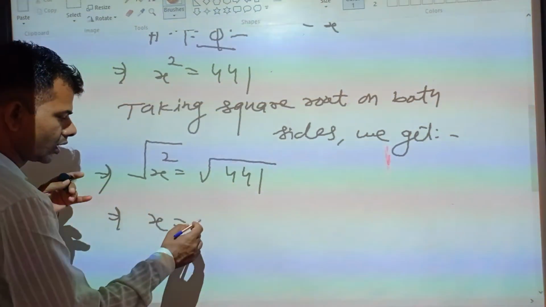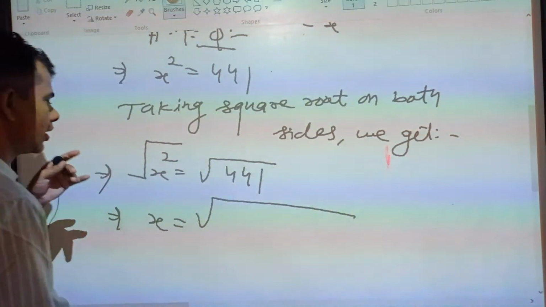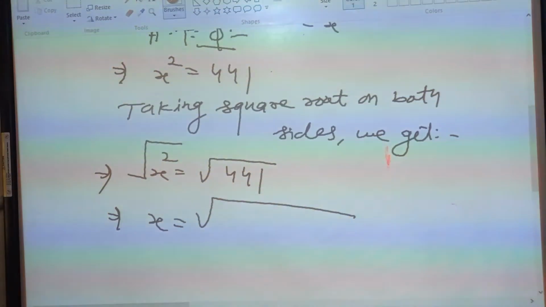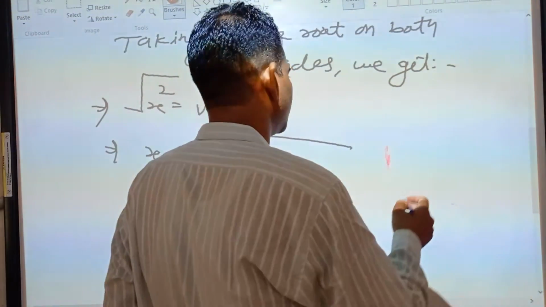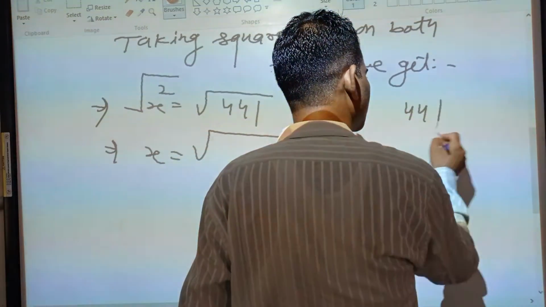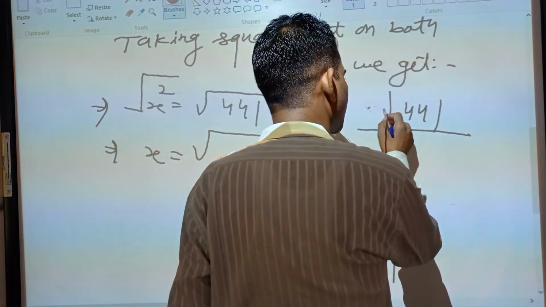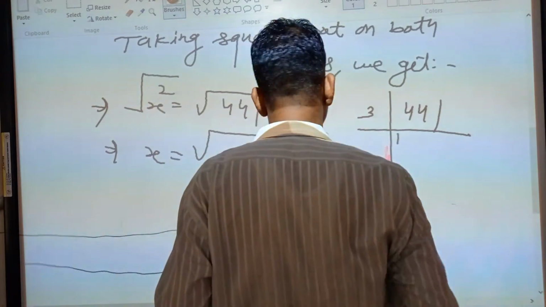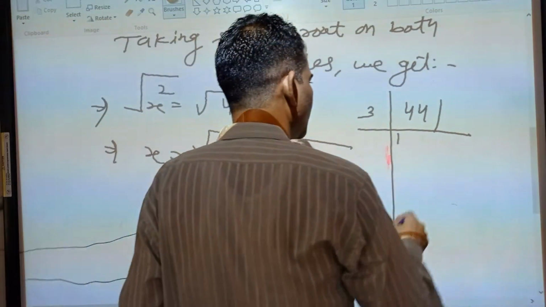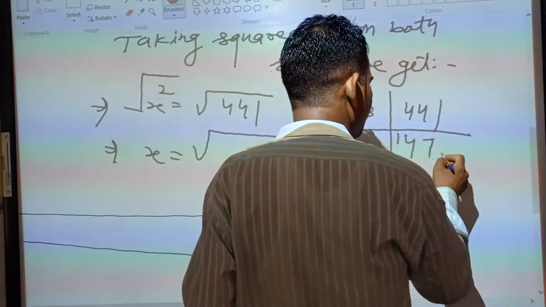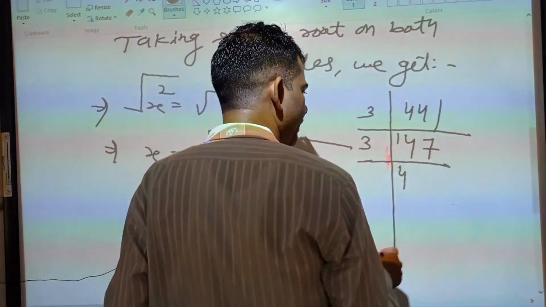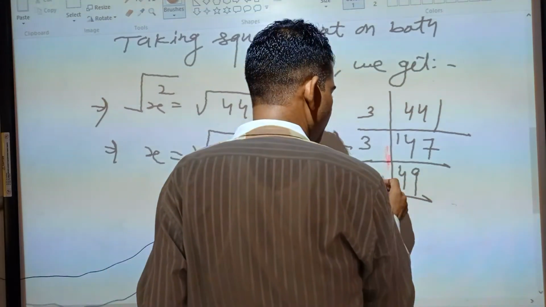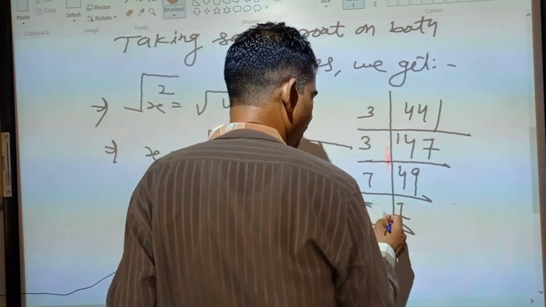Prime factorization of 441. 3 1s are 3, 3 4s are 12, 3 7s are 21, 3 9s are 27, 7 7s are 49 and 7 1s are 7.